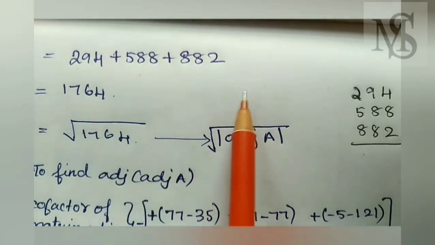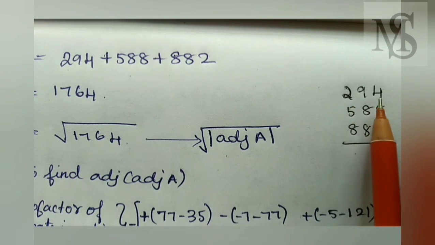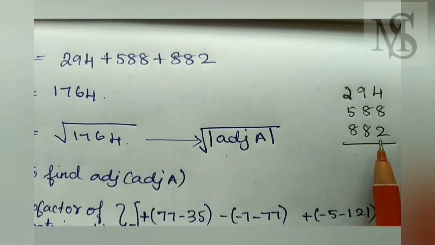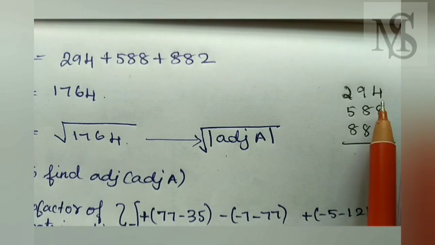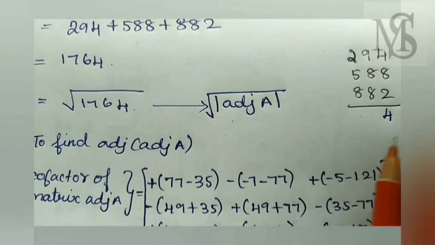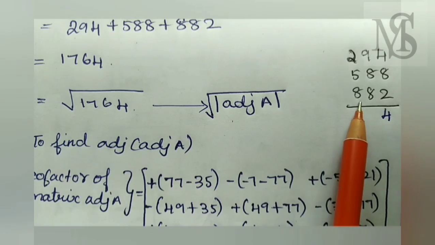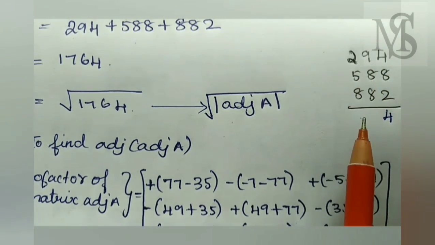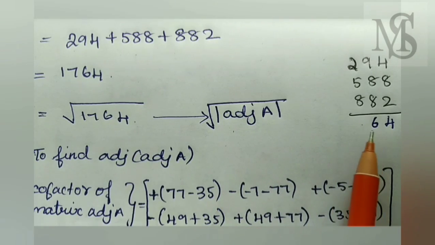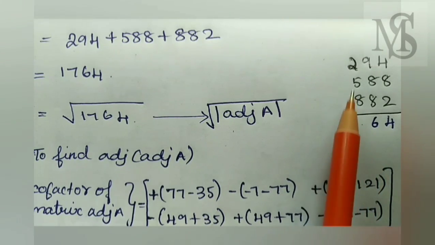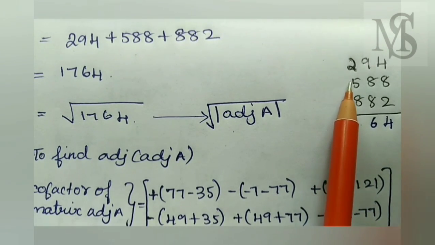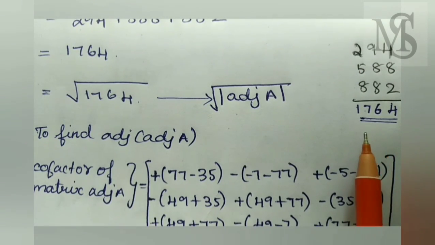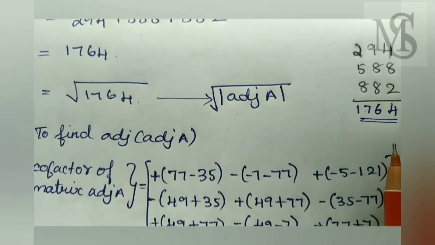Now we have to add all these values: 294 plus 588 plus 882. Adding them, we get the answer 1764.